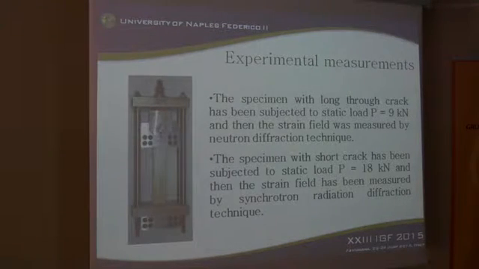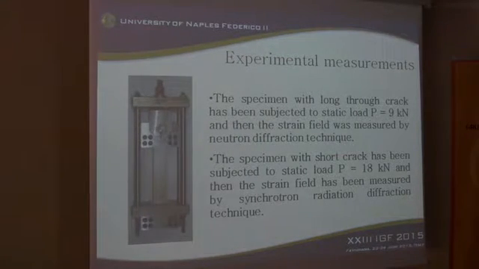After that, the specimen was subjected to static load for measurement of the strain fields around the crack tip. Two types of measurement were made.